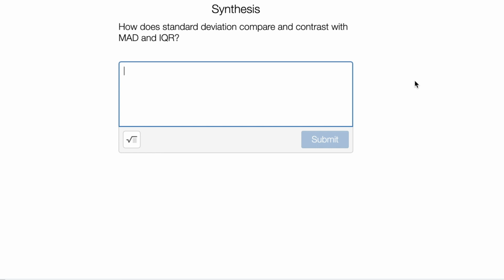The standard deviation measures variability. MAD and IQR also measure variability. So they all three measure variability.